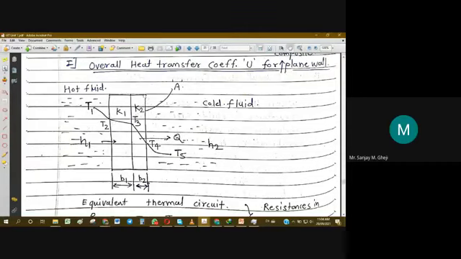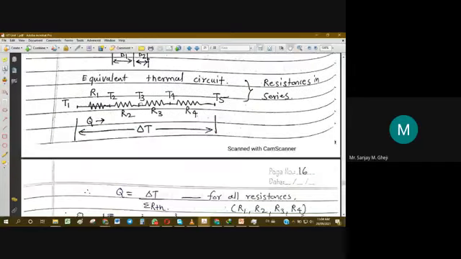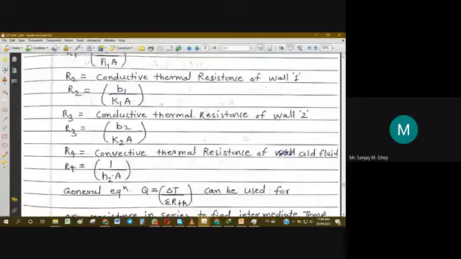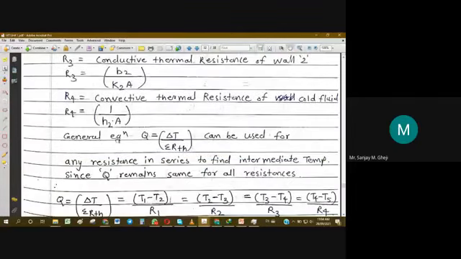So this is common. Area is the same because of geometry, because this is a plane wall, so length and width remain constant. So the same area is available for hot fluid, for cold fluid, and also for conduction. That is why we get a simplified form of equation.